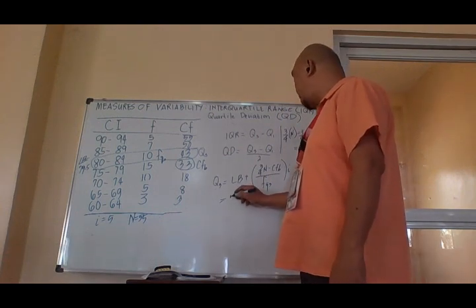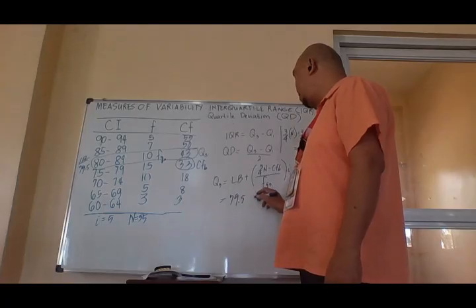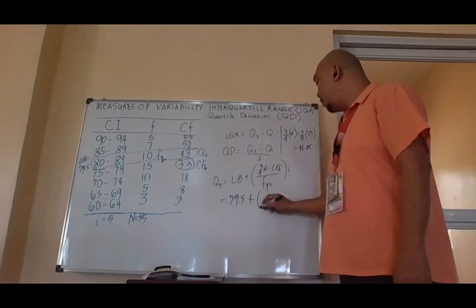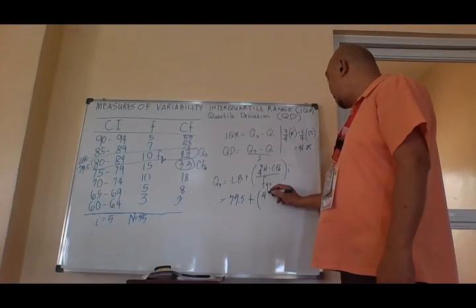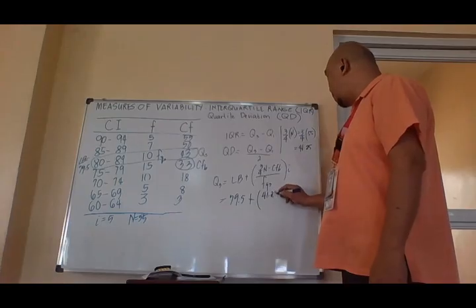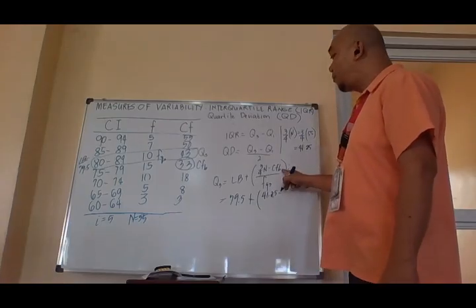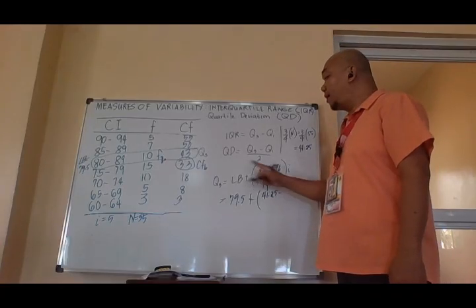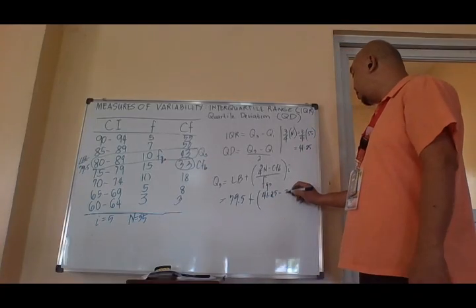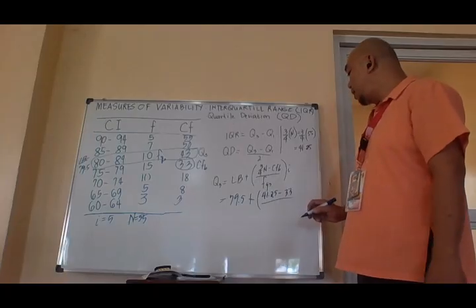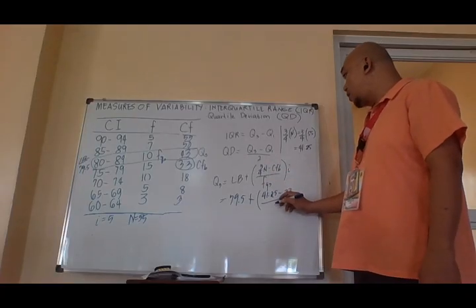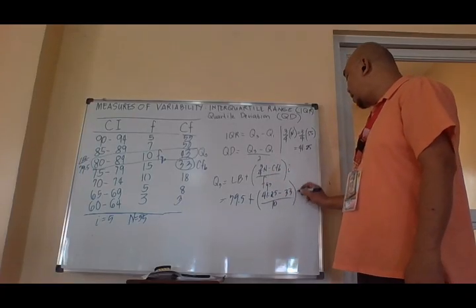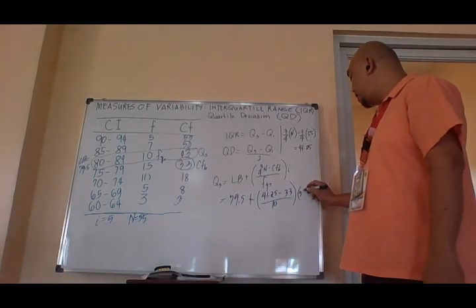So we have 79.5 for the lower boundary, and then 3/4 of n. This is already computed, and that is 41.25 minus cumulative frequency before the quartile class, that is 33, divided by the frequency of the third quartile class, which is 10, times I, which is equal to 5.